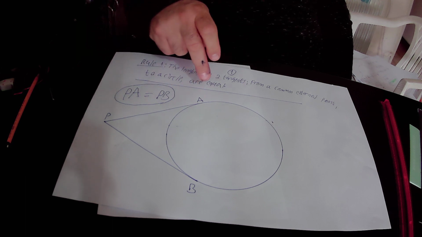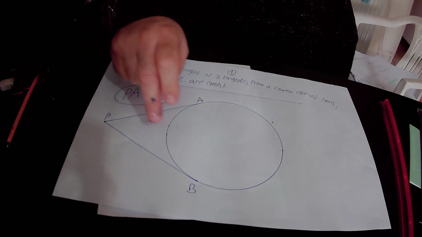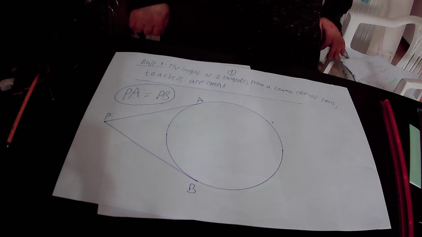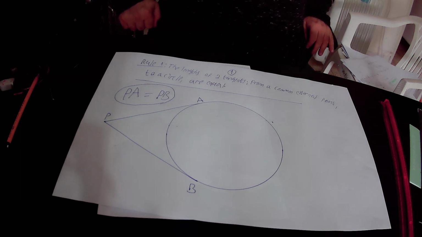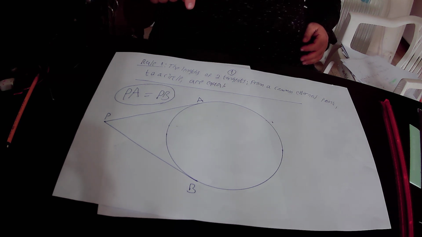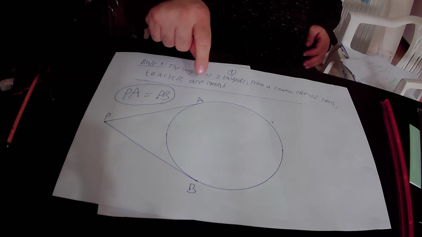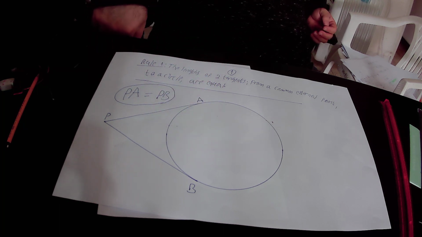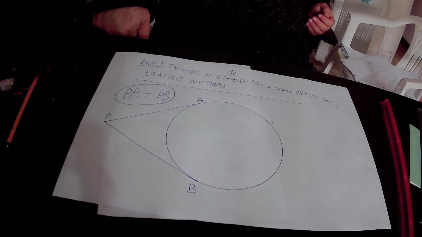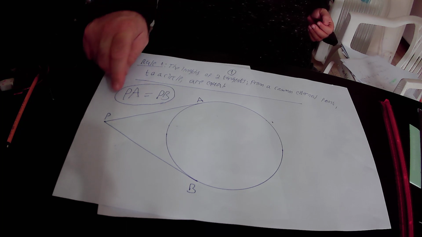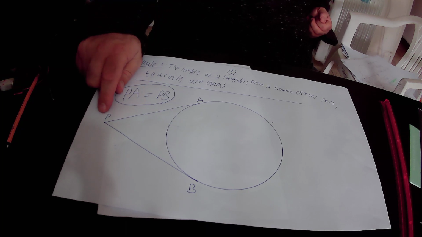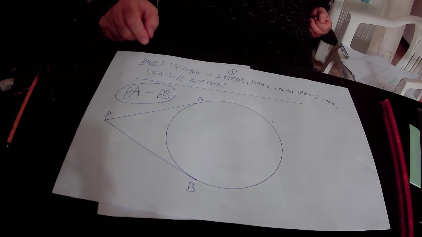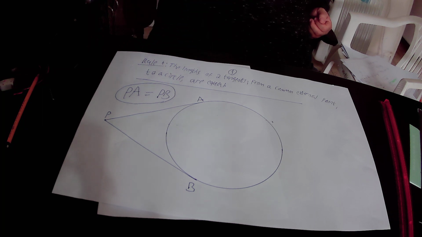The first tangent is tangent PA, and the second tangent is tangent PB. According to rule number 1, the lengths of these two tangents from the common external point P to points A and B are equal. That is to say PA equals PB.